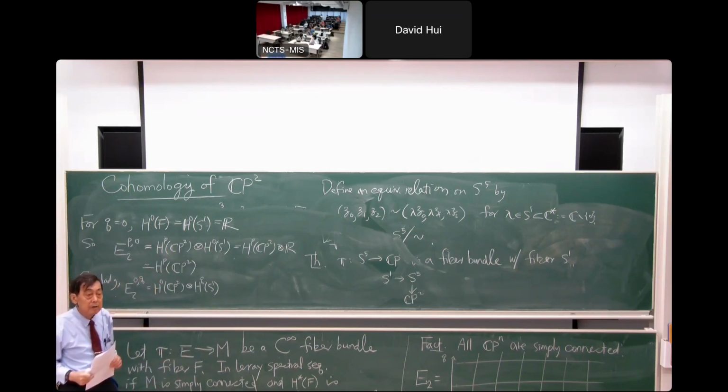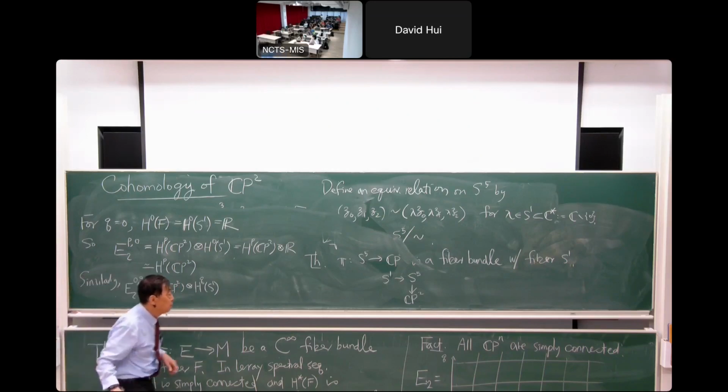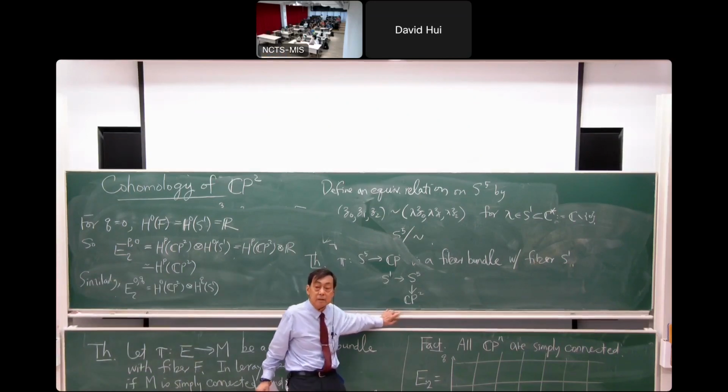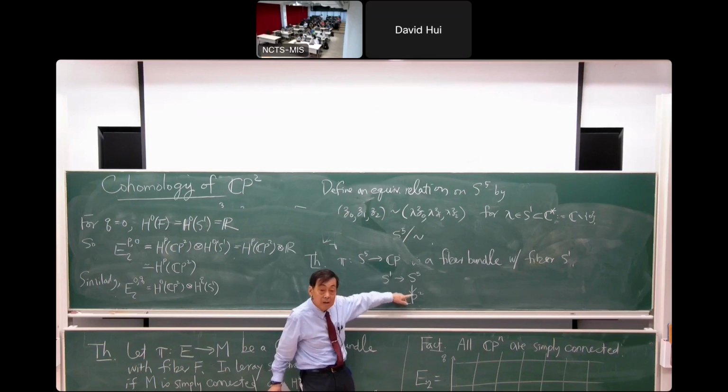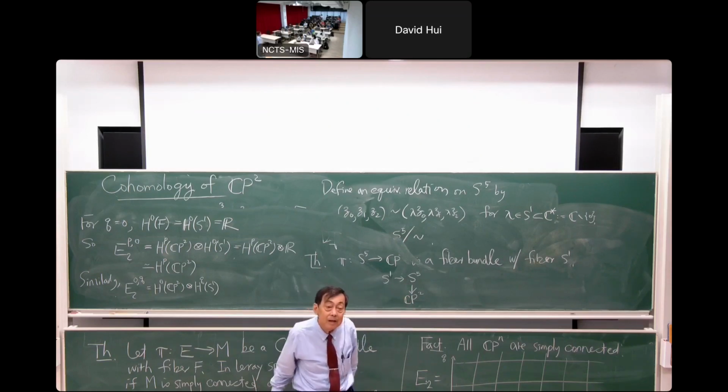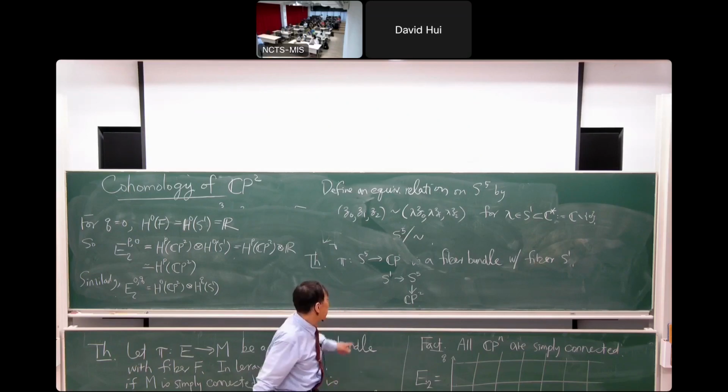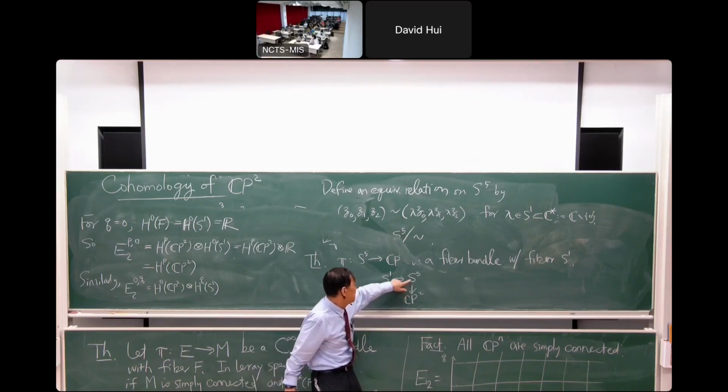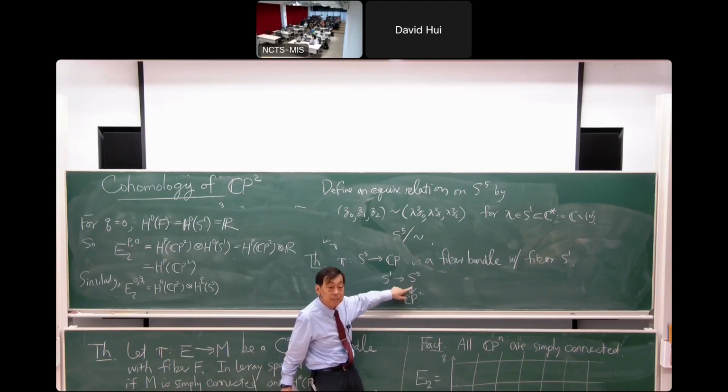Now, CP2 is connected. Why is that? Because it's the image of S5, and this is a surjective map, because CP2 is defined to be the quotient of S5.